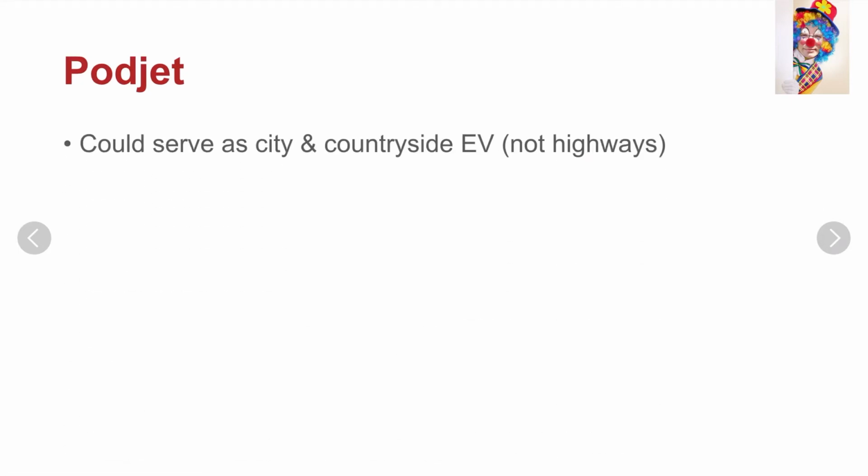I'm calling such a vehicle type pod jet. As I said, it could serve as a city and countryside electric vehicle, not for highways, because you would need more speed. In Germany, you would need at least 100 kilometer per hour. I think this will be too dangerous for such a vehicle.